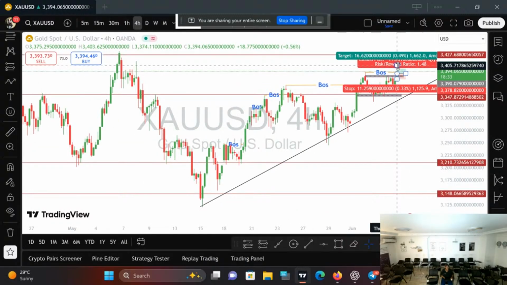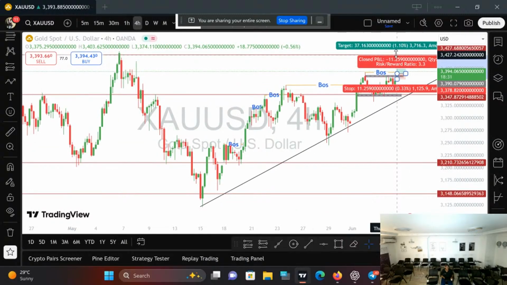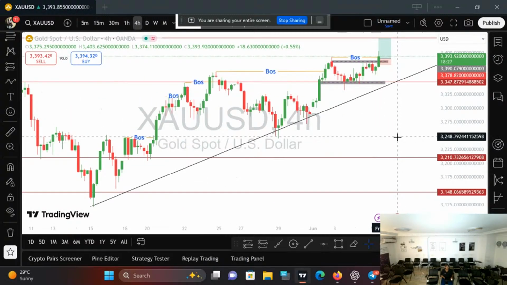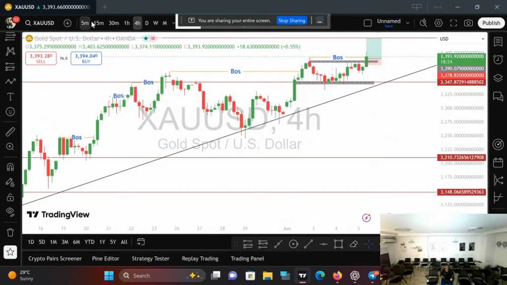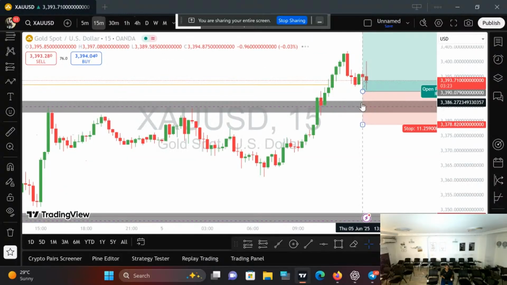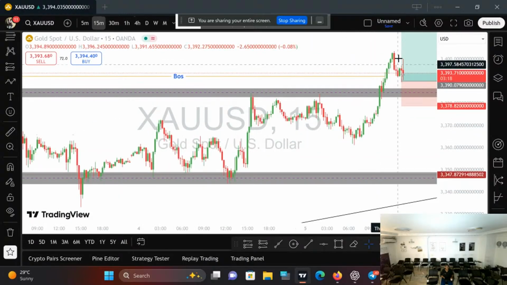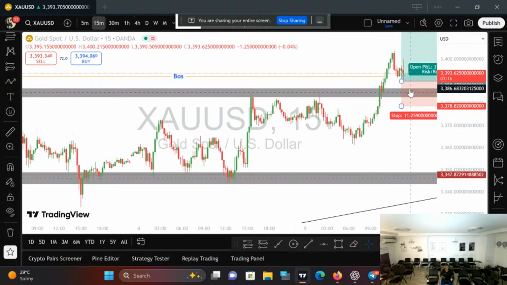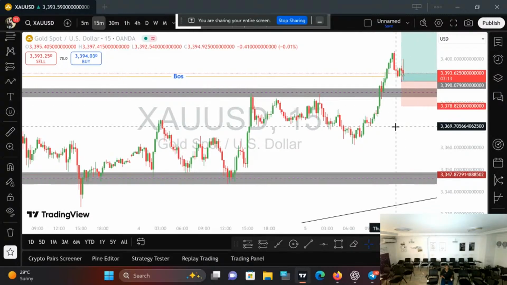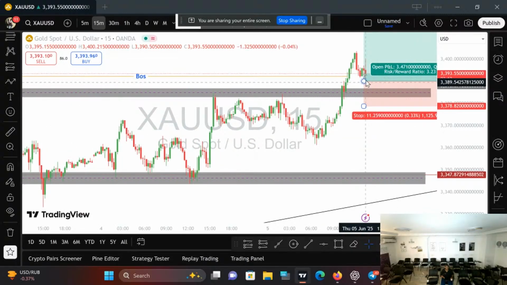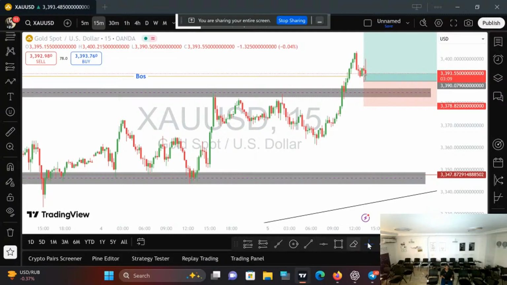So if you have money in your account, you can take your buy, because the market has already broken this resistance level and it has retested this level, right? Or you can still wait because the market might also come down here to tap into the zone before moving up, right?